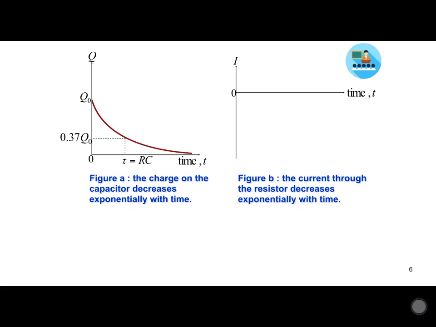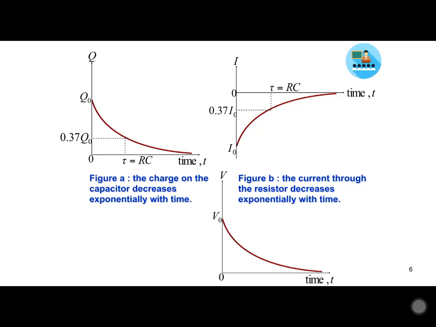And the equation for discharging: the current through the resistor also decreases exponentially with time. This is across the resistor. It is not the current through the capacitor, but the current through the resistor that decreases.